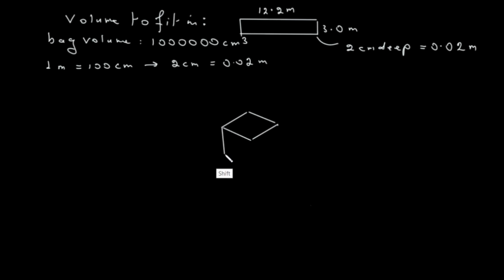Let's pretend all the lines are the same length, not to scale. That length there is 1 meter, that length there is 1 meter, and that length there is 1 meter. Multiply all those together, we get the volume. But we know that 1 meter is 100 centimeters.